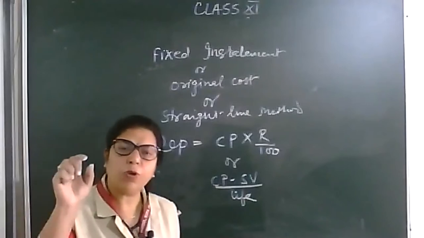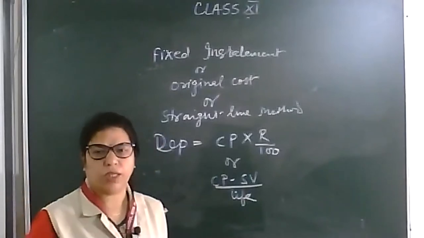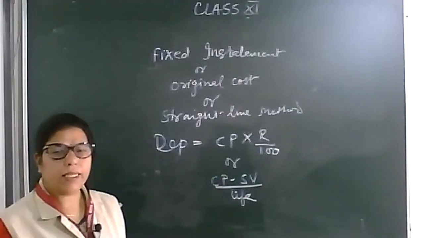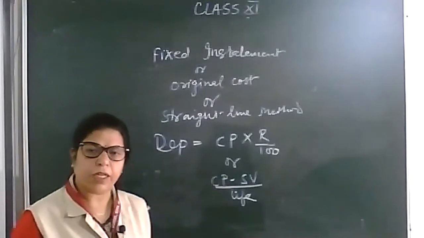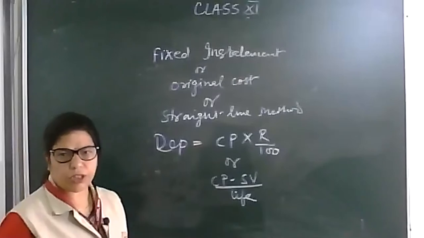Life means how much time the organization will use it. Scrap value means residual value, and CP means cost price. So there are two ways to calculate the depreciation.